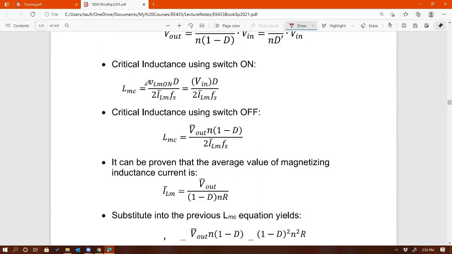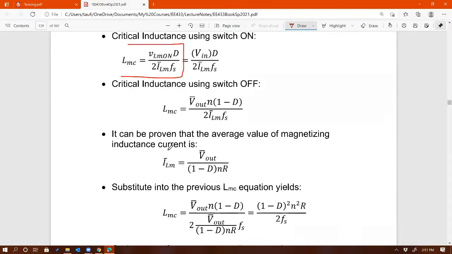All right, and then for the critical inductance, the same equation again as before. The only thing here is that we know what VLM on is. That's just V in. But ILM average, that's the one that's kind of tricky. And I'm not deriving that here because I think that's going to be beyond the scope of this class. Again, if you're interested, you can take EE433, but it can be proven that ILM is equal to this equation right here.